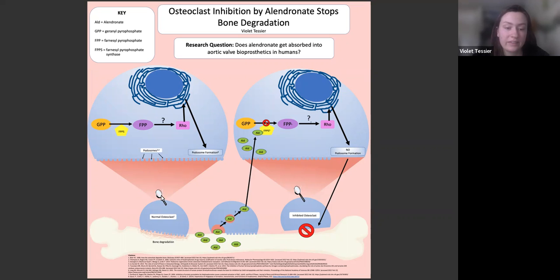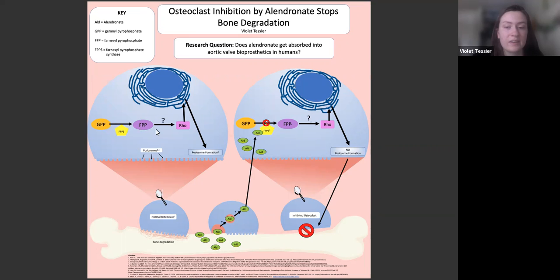This cell, if you zoom in, takes part in this pathway to degrade the bone. GPP, which is geranyl pyrophosphate, uses the enzyme farnesyl pyrophosphate synthase to activate FPP, farnesyl pyrophosphate.